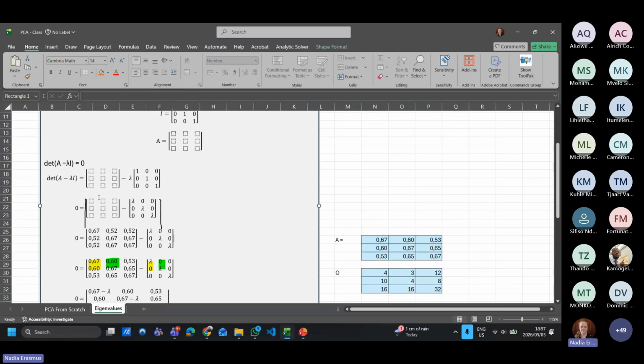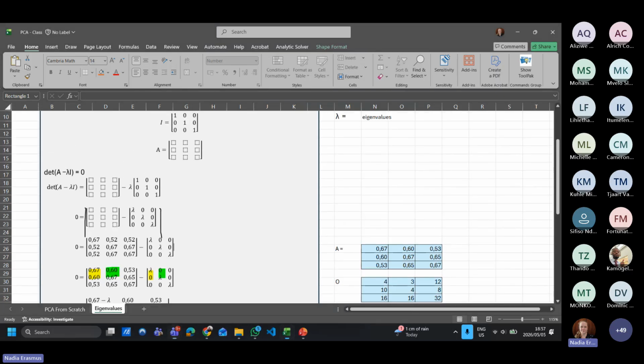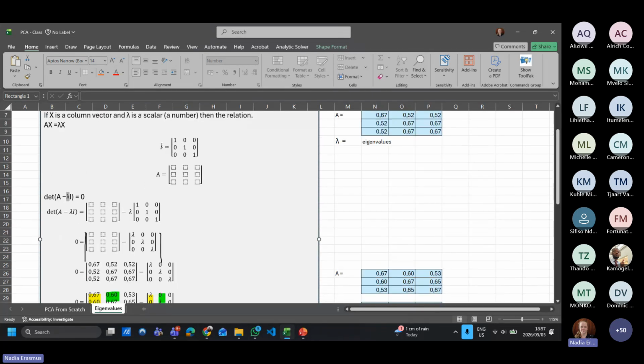Okay, so this is what you're going to solve. You're going to have the determinant of your correlation matrix minus your delta multiplied by the identity matrix. The identity matrix is basically this matrix with one along the diagonal, and everything else is 0. So A and A is 1, B and B is 1, and C is 1. That is how you can rewrite that.